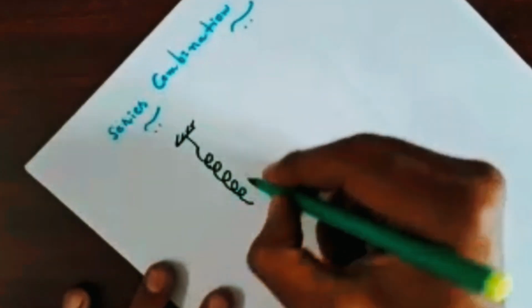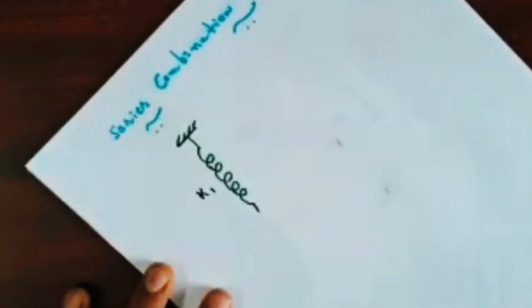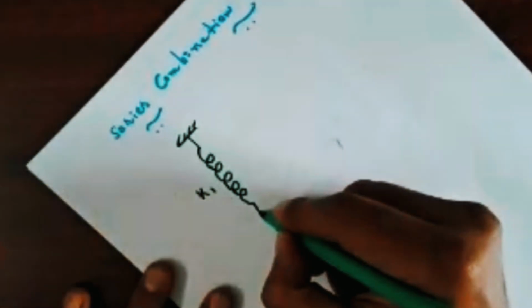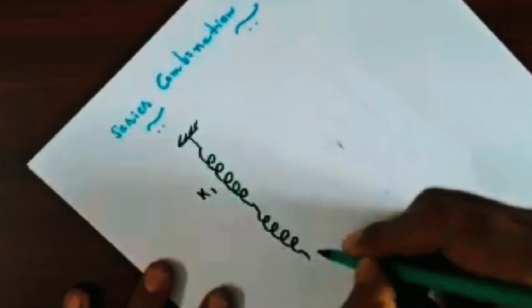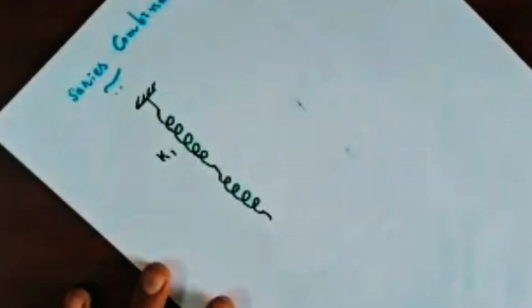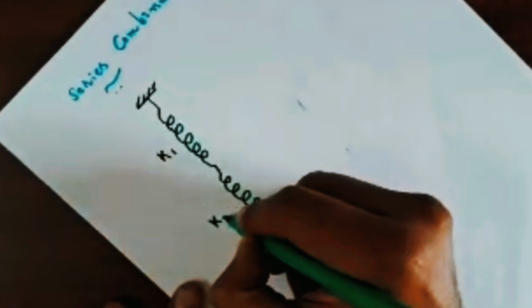This is one spring having spring constant k1. Another spring we attach like this. When the springs are connected one to another continuously, that combination is known as a series combination.